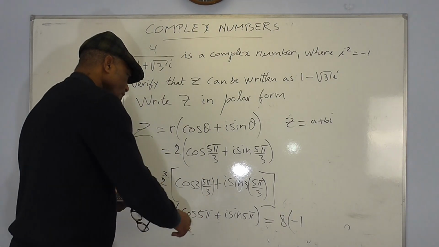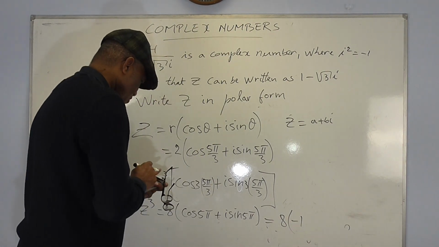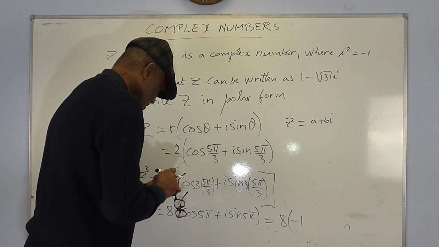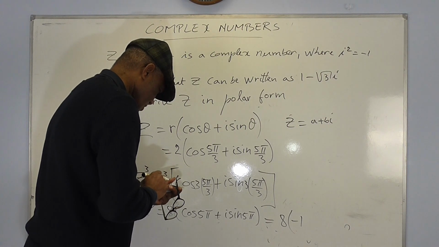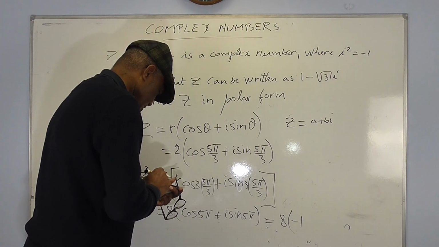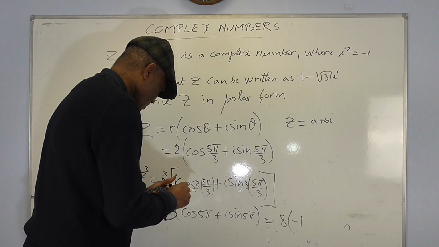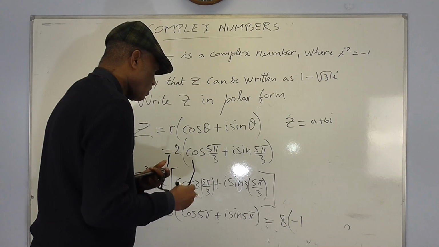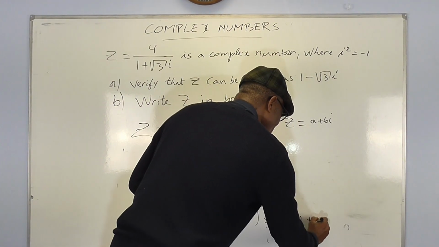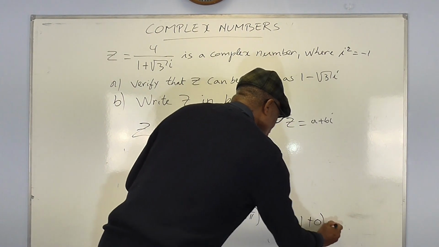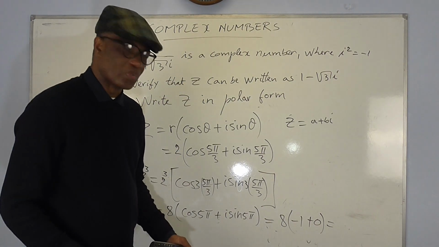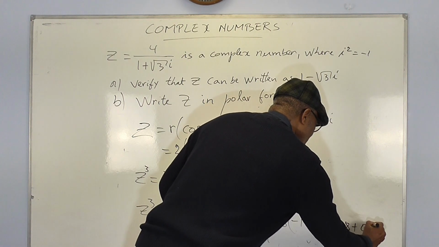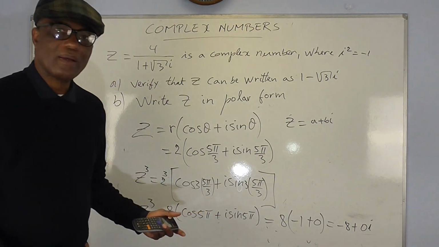Now the other part, sine of this, will give 0. So we get minus 8 plus 0i. And finished.